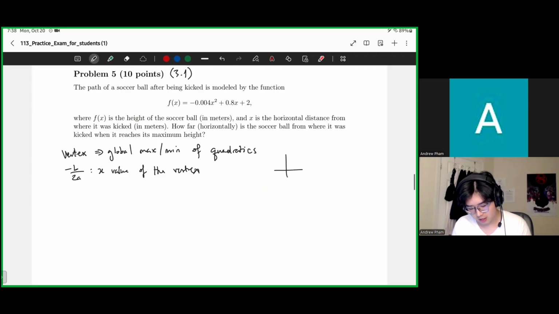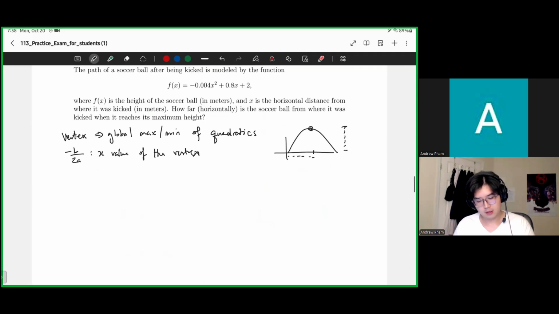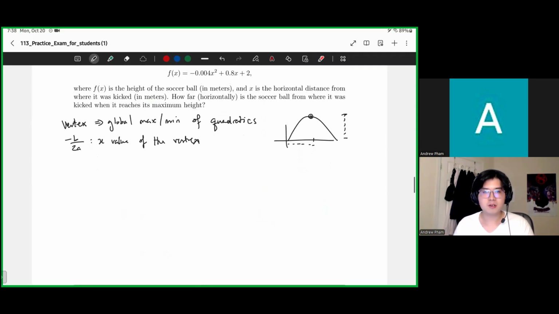You're basically asking, if my ball is being thrown, where am I in terms of my horizontal distance? And of course, f is the height. Okay? So minus b over 2a gives you the x value of the vertex.